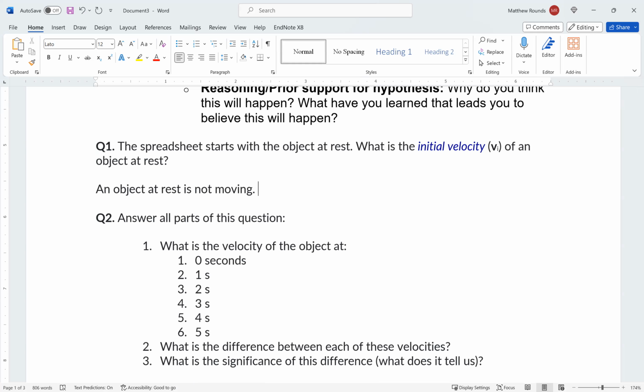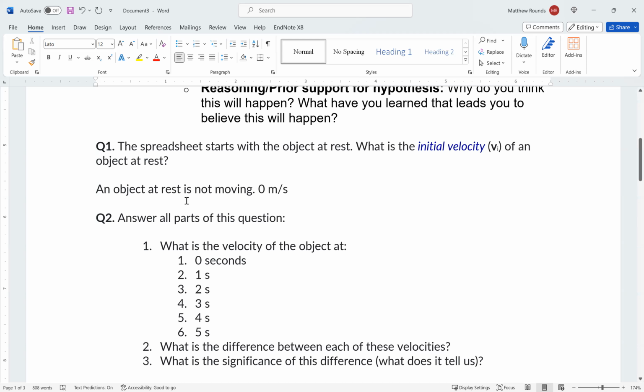So what is your speed if you're not moving? If you're not moving, then your speed is nothing, no? Yes, so we could say zero for that. That's the speed, 0 meters per second, or just zero. They are using meters per second.